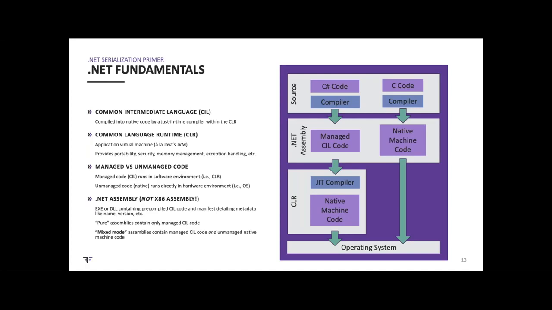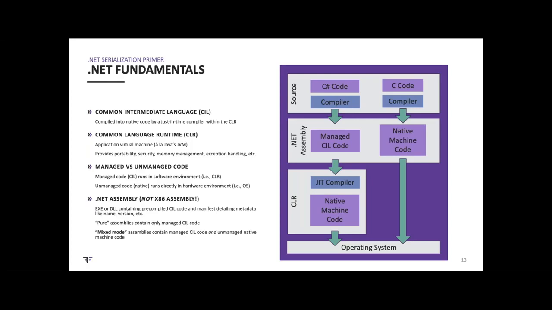And when I talk about a .NET assembly, this is not like x86 assembly like you might be used to hearing. Rather, this is an EXE or a DLL that contains precompiled CIL code, and it also contains a manifest that details some information like the assembly's name and version. And this is the basic unit of execution for a .NET program.